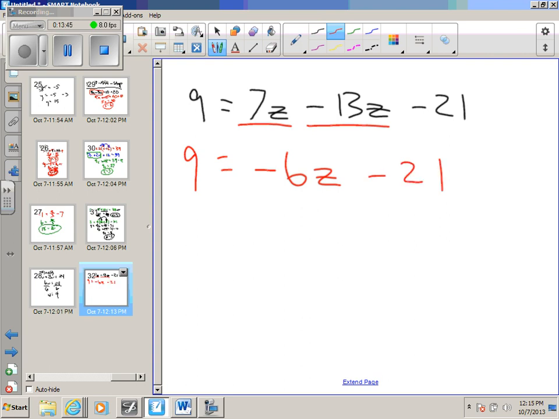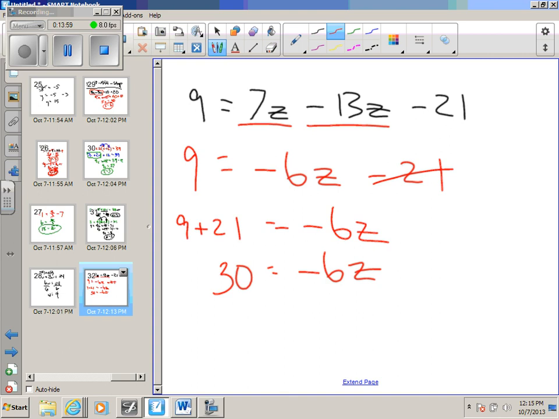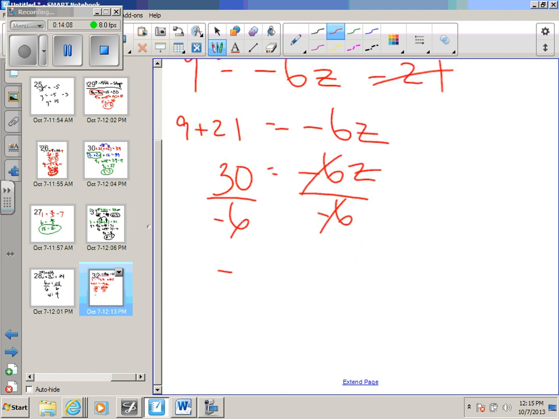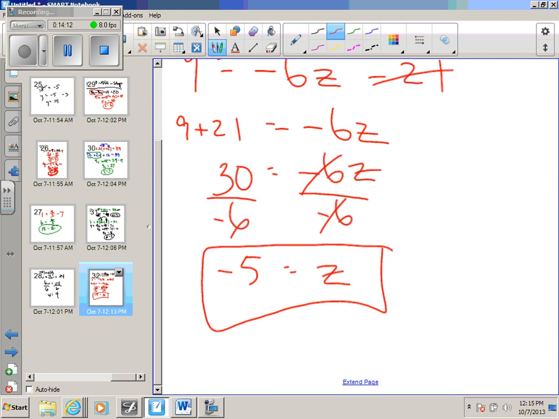Opposite then of subtracting 21 is to do what? We're going to add 21. 9 plus 21, negative 6z, divide by negative 6, z equals negative 5.